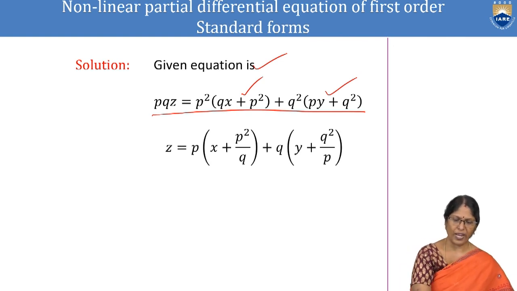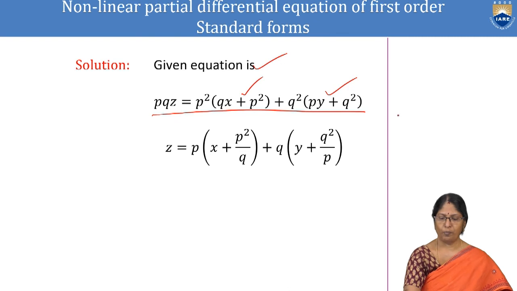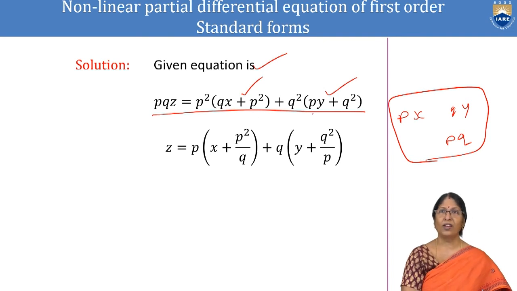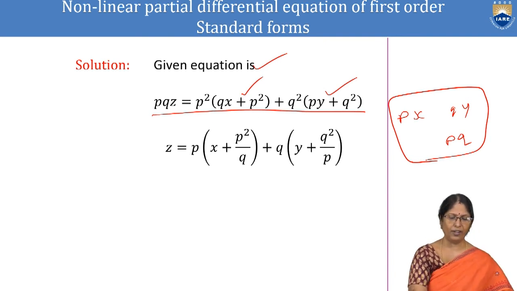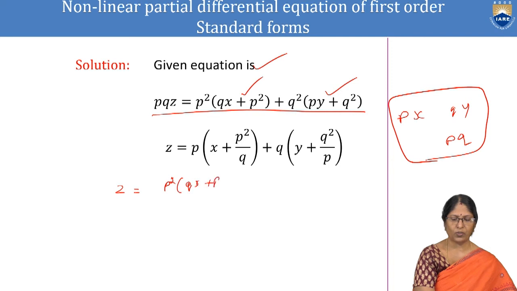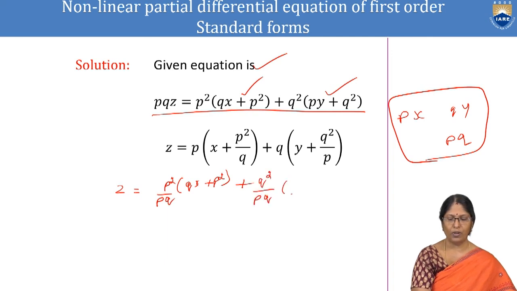Now completely we know it: Px combination, Qy and PQ. This we have to keep in our mind and do the simplification. Dividing this equation by pq, we get z equal to p square qx plus p square by pq, plus q square by pq, py plus q square.